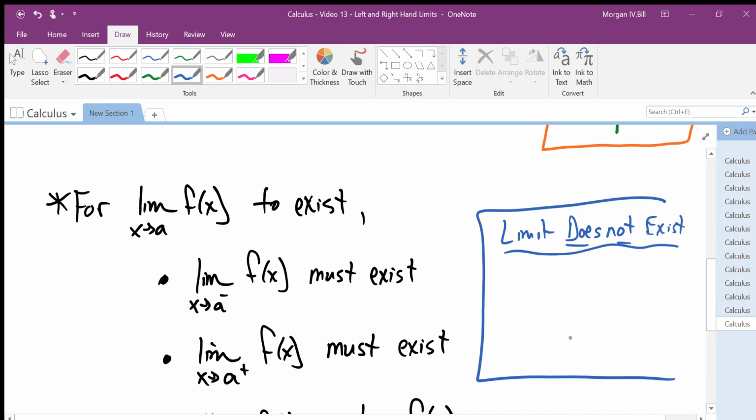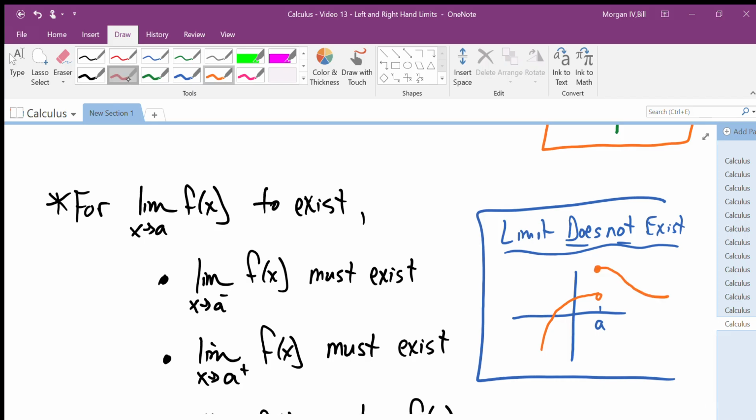Something like this, where if this is a here, the left-hand limit is coming and looking here, but the right-hand limit may be up here. As we approach the value of a from the left, it's getting towards this particular y value L here.